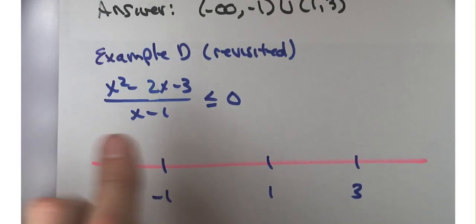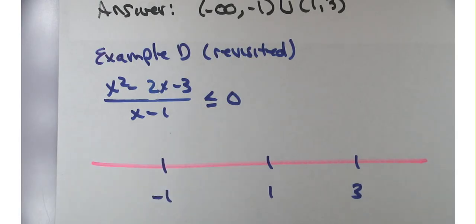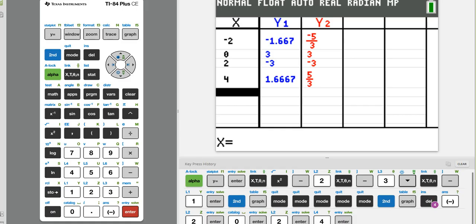But here's what's different. Now I got to consider the endpoints. So, can I use any of the endpoints? Oh, that's a good question. What would happen if I put in a negative 1 into this expression? Let's see here, because we've already got this plugged into our calculator. Let me clear out a little bit of this.